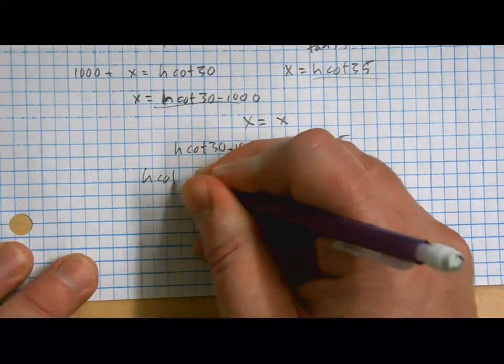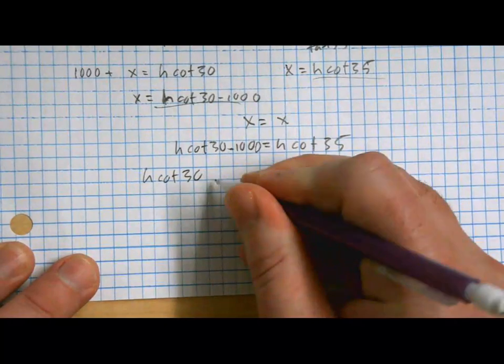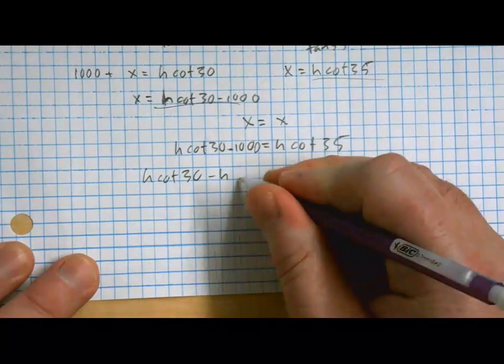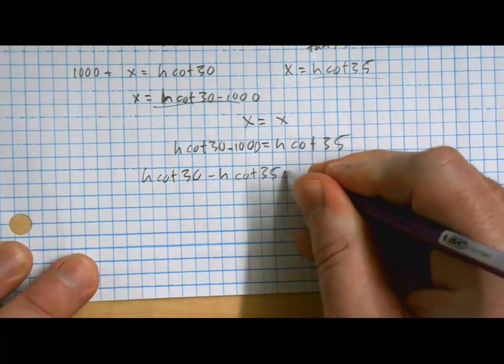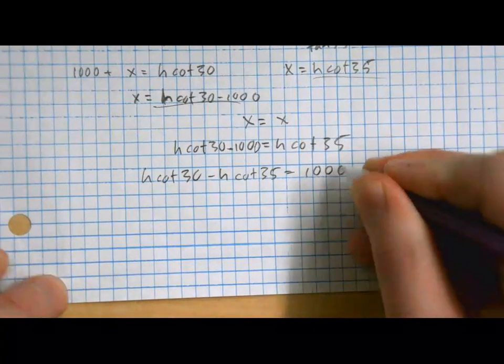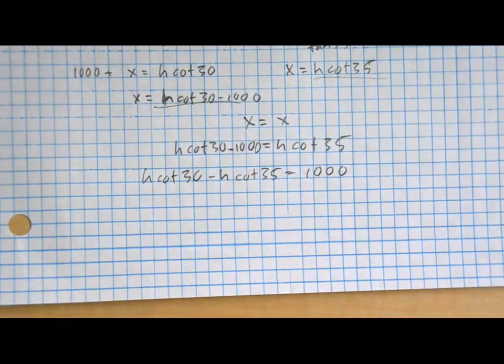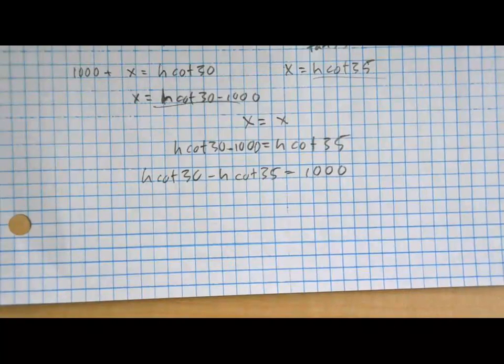h cotangent 30, bringing this over, so now it's negative h cotangent 35. Adding 1,000 to both sides. We'll get that 1,000 off of that side. And now it's not negative anymore either.